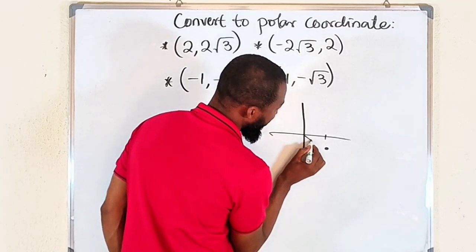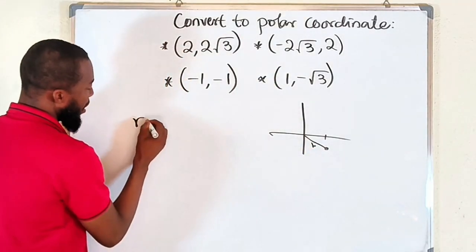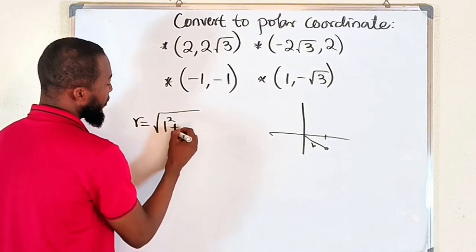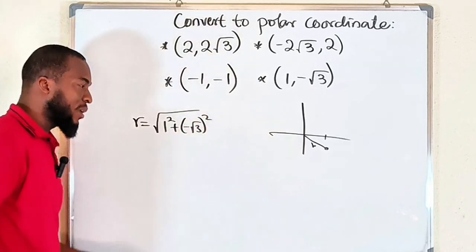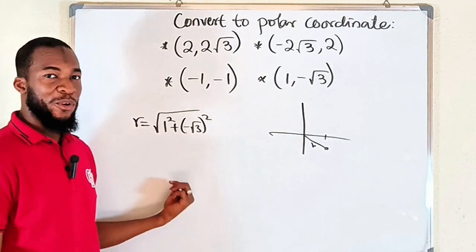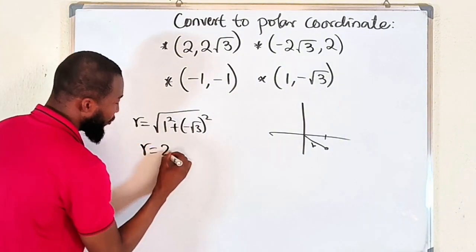So we are looking for this distance, r. Let's start with r. R is equal to the square root of x squared, that is 1 squared, plus negative root 3 squared. 1 squared is 1, negative root 3 squared is 3, plus 1 is 4, square root of 4 is 2, and hence r is equal to 2.